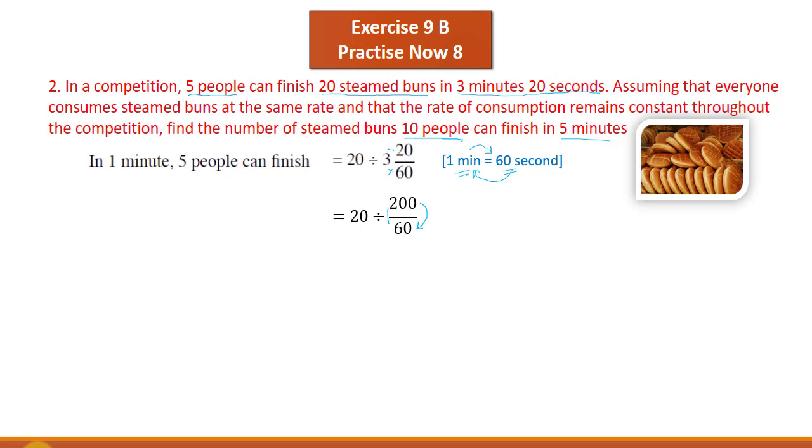So in the next step, 20 multiplied by 60 over 200. Now we cancel out 0 with 0, and the 0 and 0, and 2 and 2 cancel. So what we have is 6 buns. So 5 people can finish 6 buns in 1 minute.